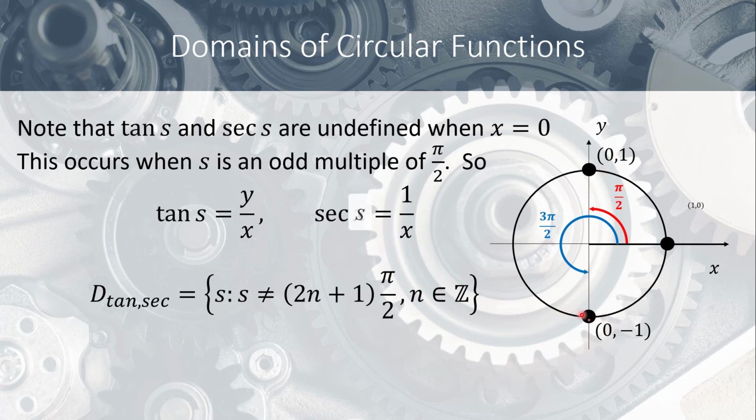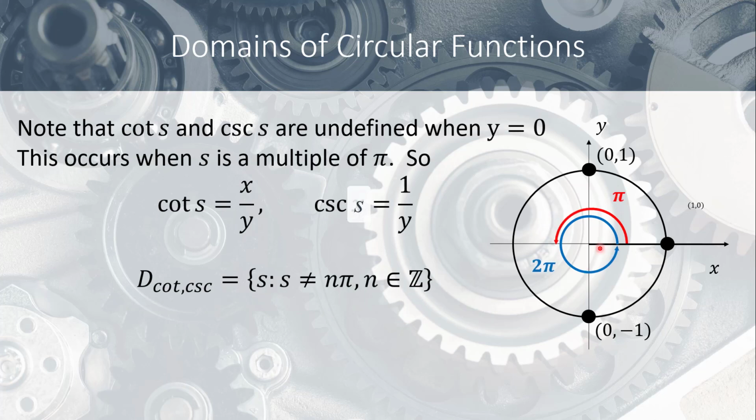So pi over 2, 3 pi over 2, 5 pi over 2, 7 pi over 2, and so forth. As a consequence, the domain of tangent and secant is all values of s such that s is not equal to n times pi over 2, where n is any odd integer.